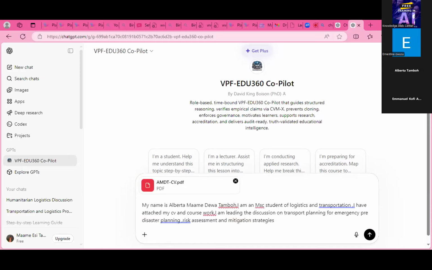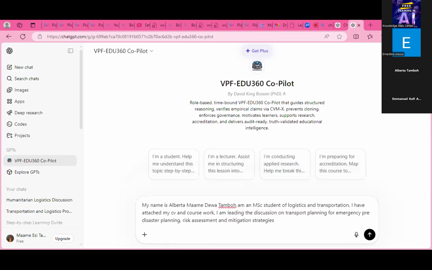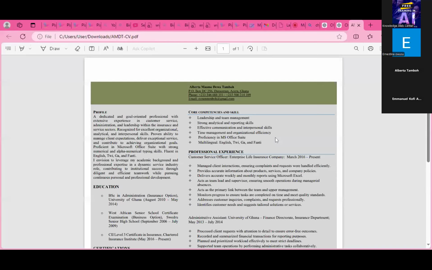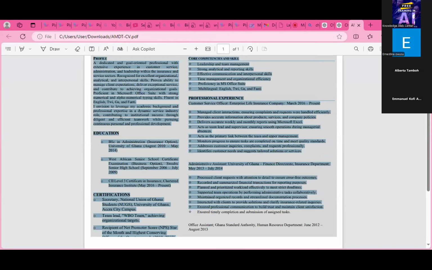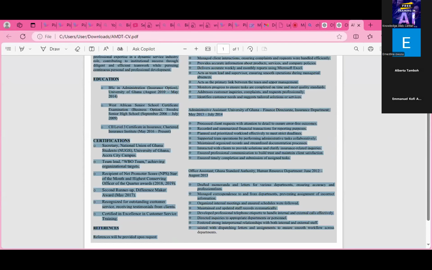Doc, I just noticed that if I use the 360, I'm able to attach only one, but when I use the other one, I'm able to attach two. No, you are using a free version. If it's not PDF, you can copy your content and paste it down. Do shift enter, and then you paste it down so that it will make reference. Okay, this is PDF. Even online you can copy and put it there.